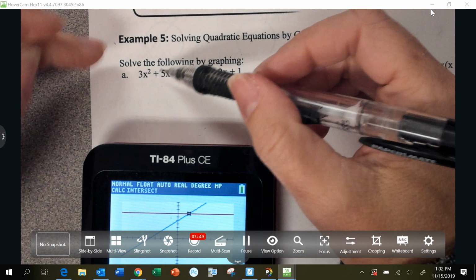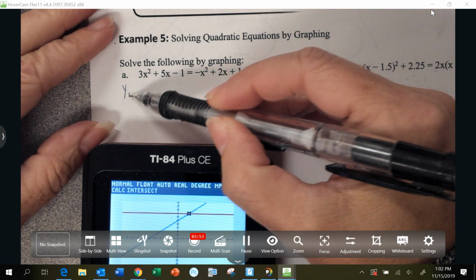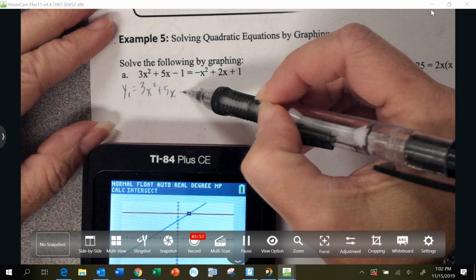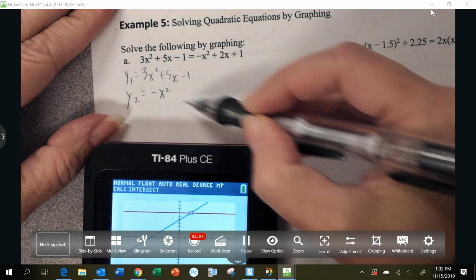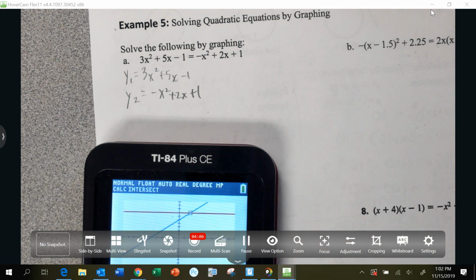We've got x's on both sides, so we're going to pretend this says y1 equals 3x squared plus 5x minus 1, and y2 equals negative x squared plus 2x plus 1, and we're going to type that into our calculator.